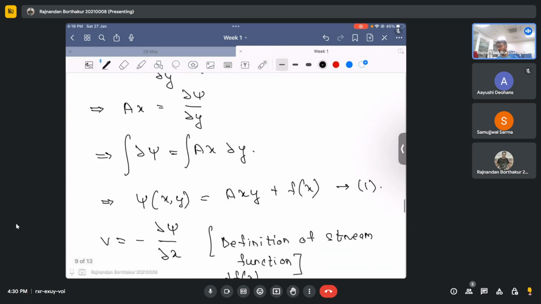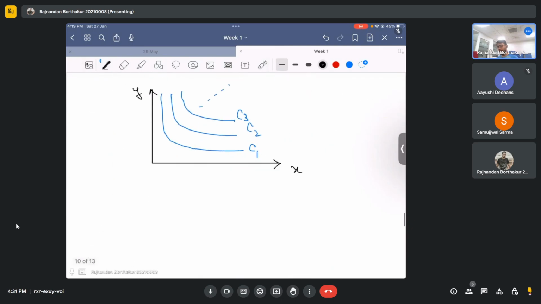But before ending this problem, I would like to highlight one more thing, just as a note. When we define a streamline, we say that it satisfies this definition: u, the x component of velocity, is just del psi by del y, and the y component of velocity is just minus del psi by del x.